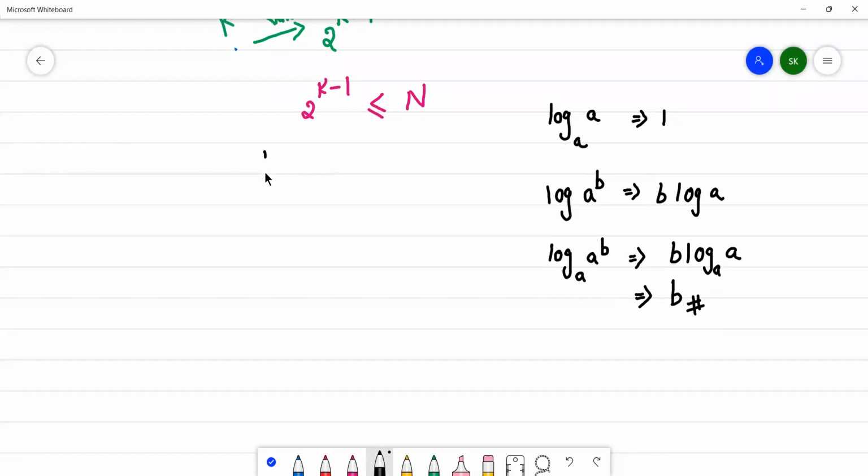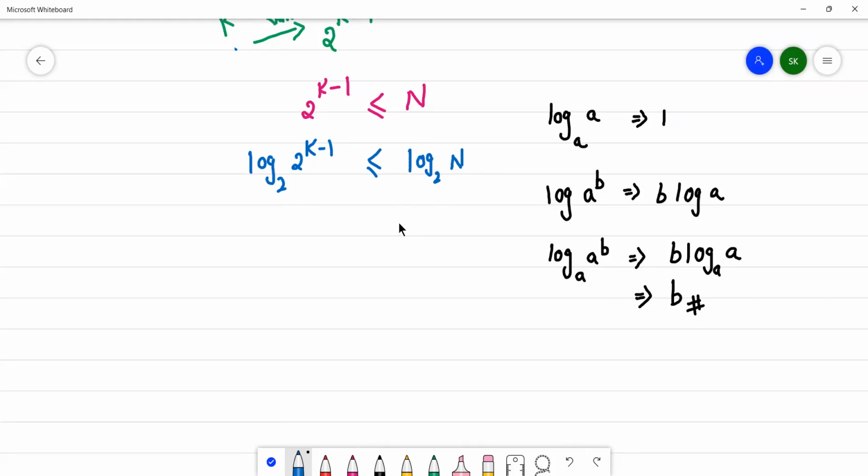So I will take log base 2 on both sides: log base 2 of 2 to the power k minus 1 is less than or equal to log base 2 of n.